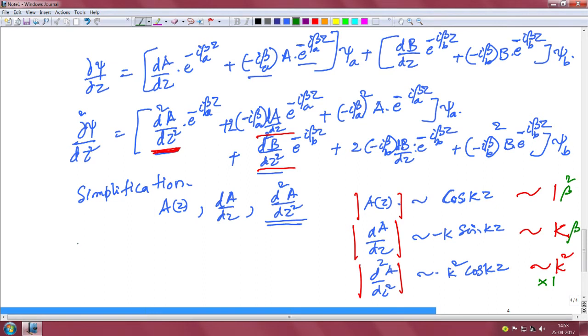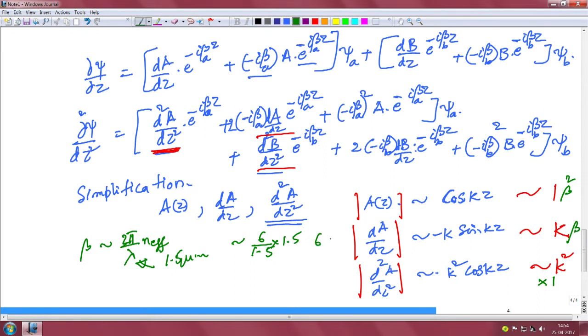I am doing a very rough calculation to check whether some of these things can be neglected. Beta, as you know, is 2 pi by lambda into n effective, and lambda is of the order of the wavelength of light, let me say communication wavelength 1.5 microns. So you have beta going as around 6 by 1.5, refractive index also of the value of 1.5.